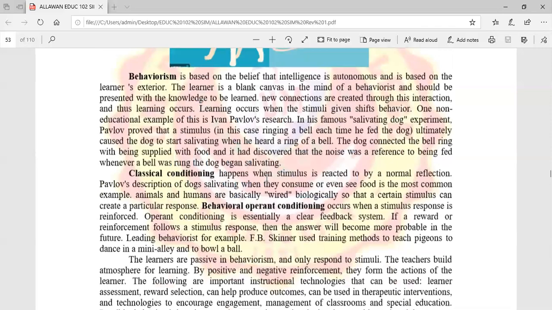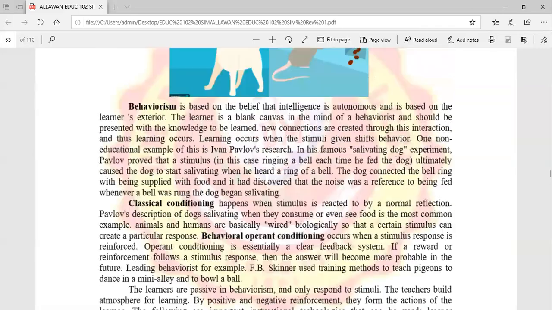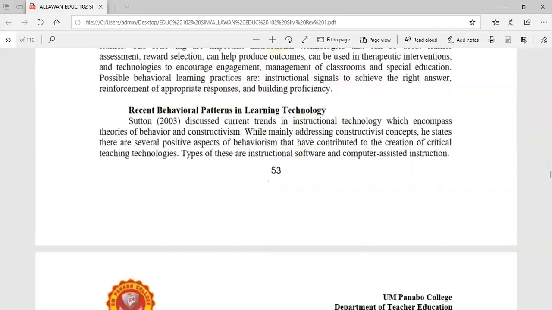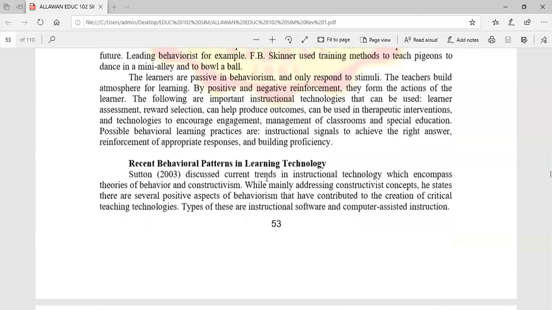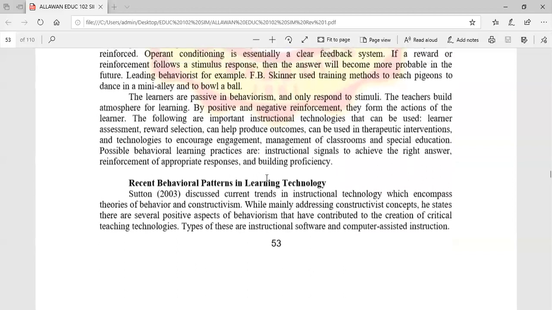theory, the learners are passive in behaviorism and only respond to stimuli. The teachers build the atmosphere for learning through positive and negative reinforcement, and they shape the actions of the learner.